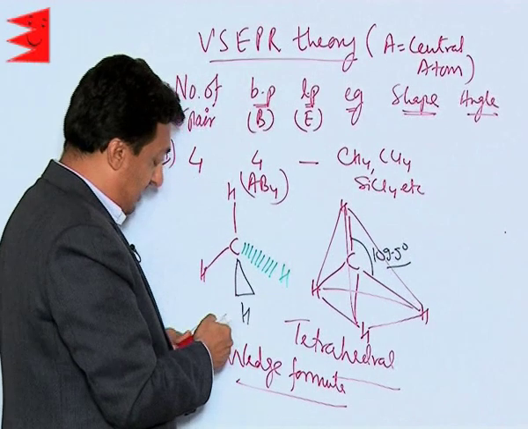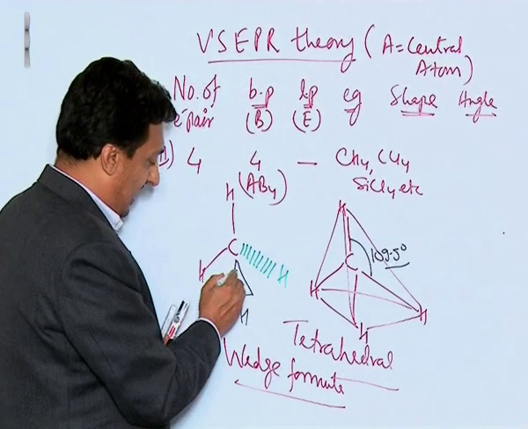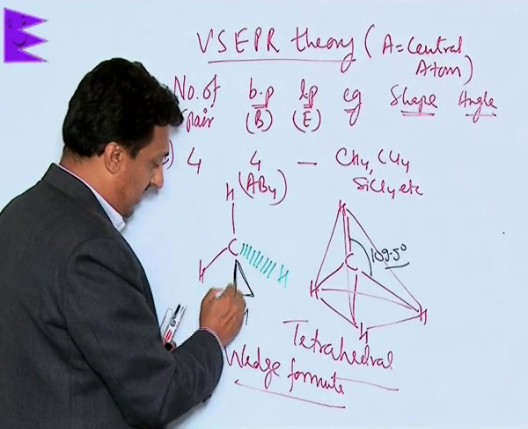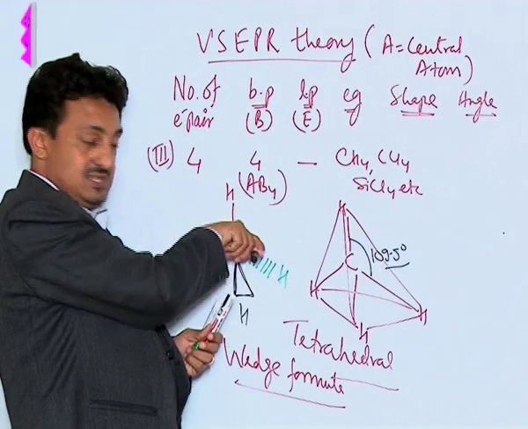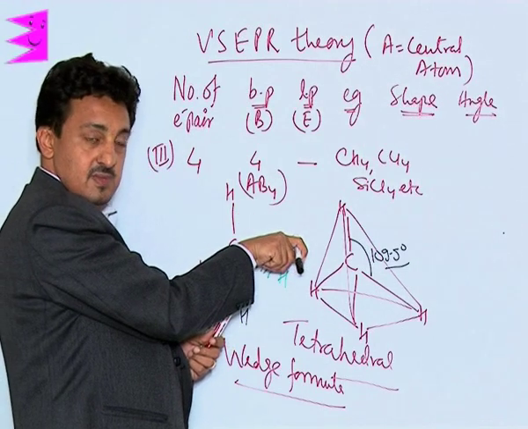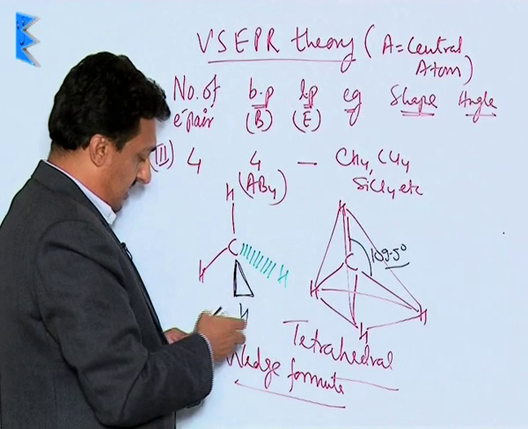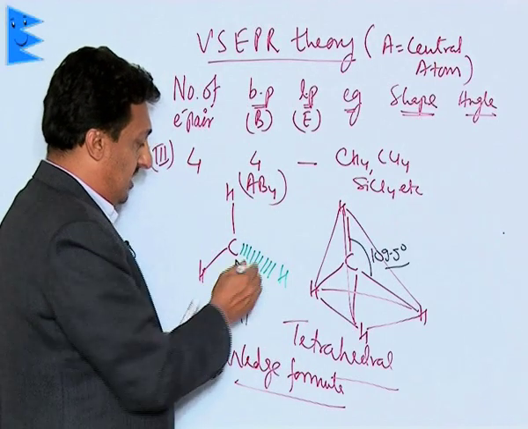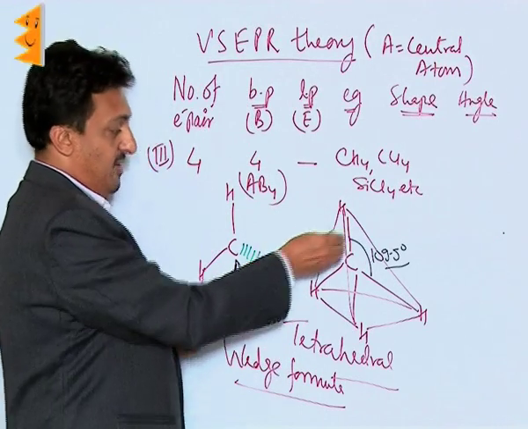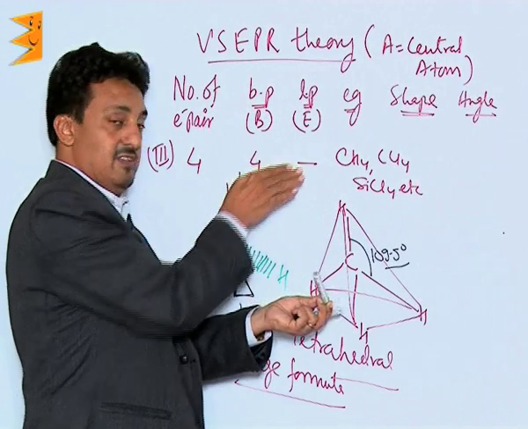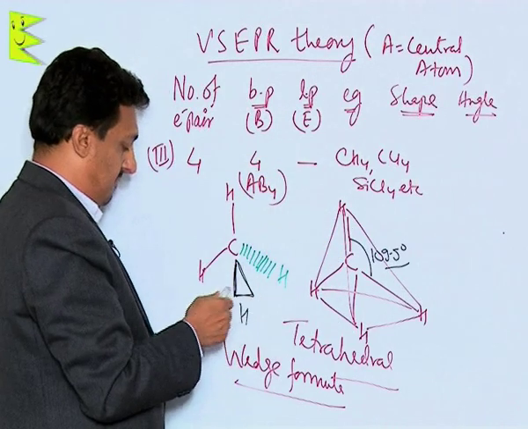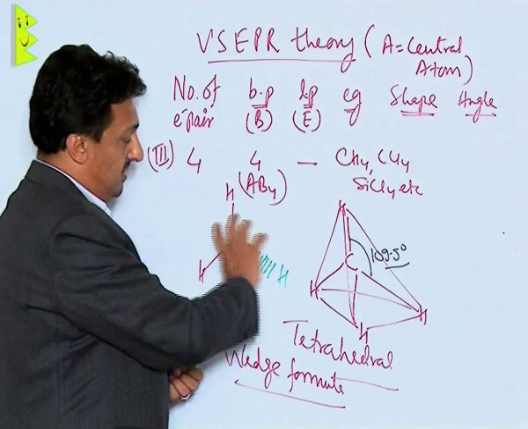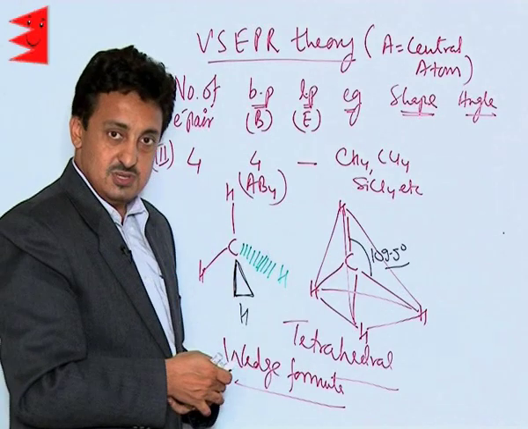The bond which is drawn with this thick wedge shaped line is towards you. And the bond which is drawn with this dashed line is actually away from you. It's on the other side of this whiteboard. So this is how we draw the 3-dimensional structure of the tetrahedral structure molecules.